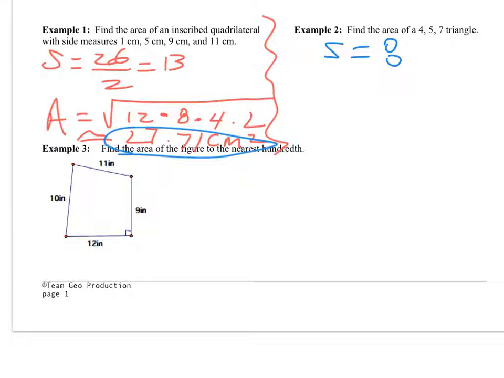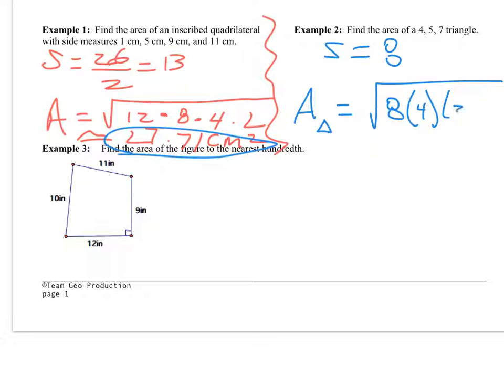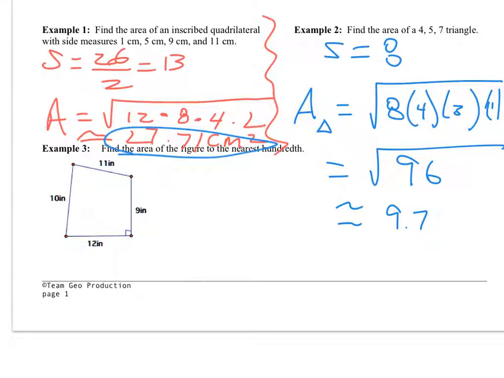Yep. So then the area of the triangle by Heron's formula, which I can use for any triangle, is the square root of 8 times 4 times 3 times 1. Which is the square root of 32 times 3, which is 96, and you can give me the decimal, which is 9.79.